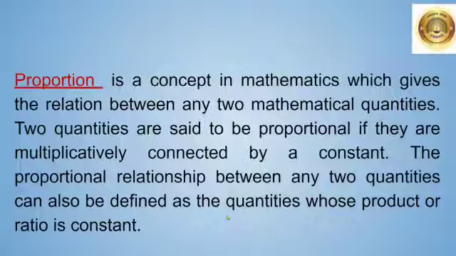This means that two quantities are proportional if they are connected to each other. And in a proportion, the two quantities are related in such a way that either their ratio is a constant or their product is a constant.